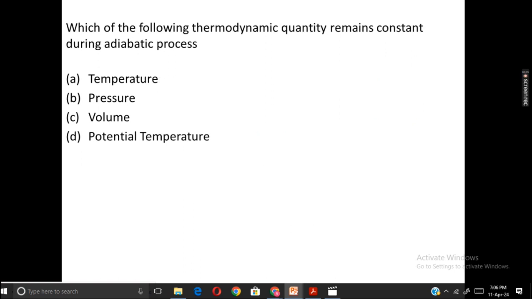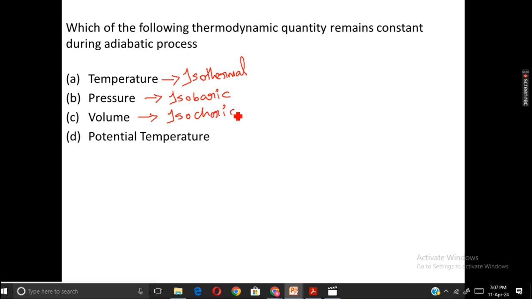Now, the next question is, which of the following thermodynamic quantities remains constant during an adiabatic process? The process in which the temperature is constant is known as an isothermal process, in which pressure is constant is known as an isobaric process, in which volume is constant is known as an isochoric process.